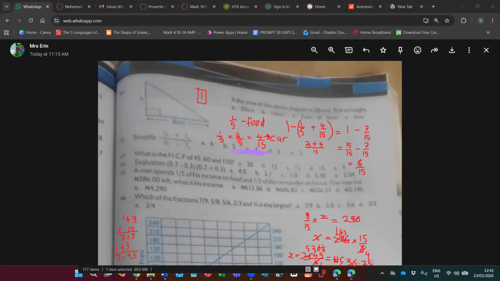The question said 1/3 of the remainder on his car. So the only way you can get 1/3 of the remainder is to say 1/3 times the fraction that is the remainder. Do you understand? And the remainder is not 4/5. Yes, sir. So that is the reason why I had to multiply 1/3 times 4/5. Okay. So is it clear now? All right. Yes, sir. Very clear.